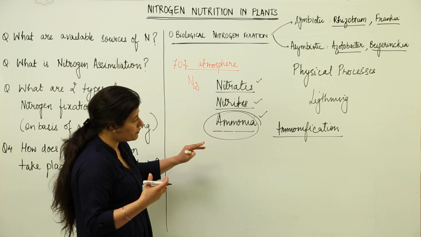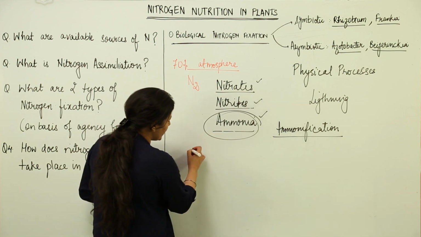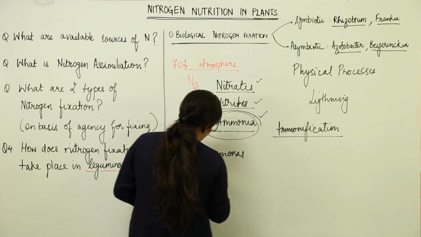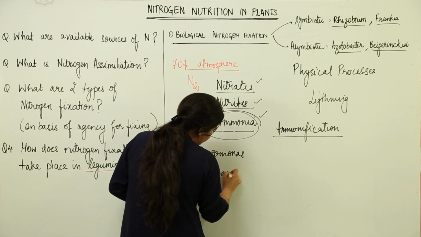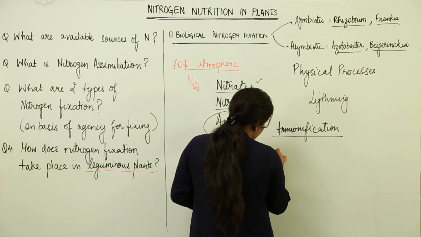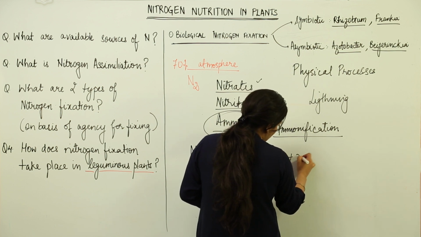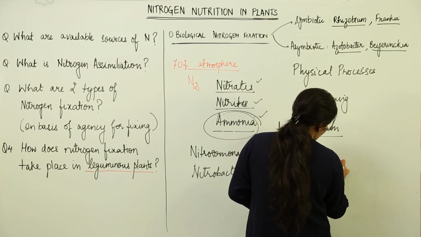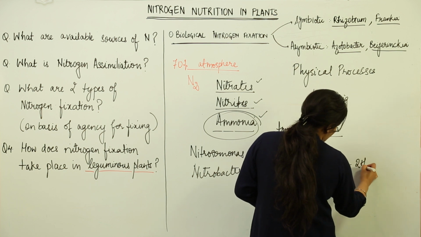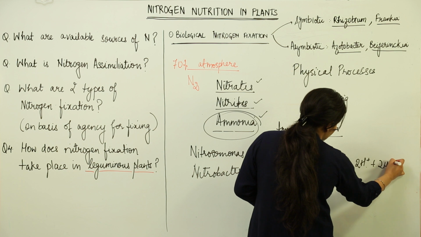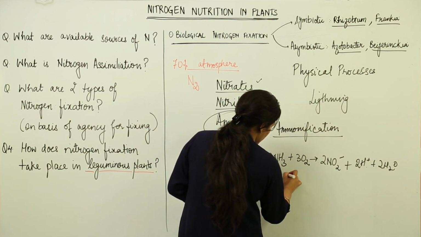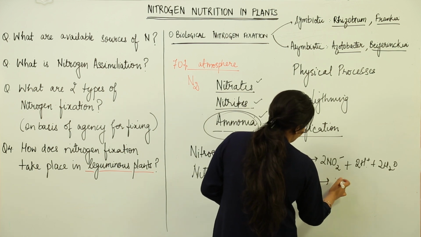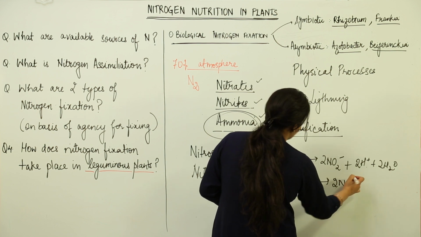So decomposition adds ammonia to the soil, and by the agency of microbes like Nitrosomonas and Nitrobacter, the ammonia is first converted, please pay attention, to nitrites, which are further converted into nitrates, and from here the plants can take the nitrates directly for assimilation.